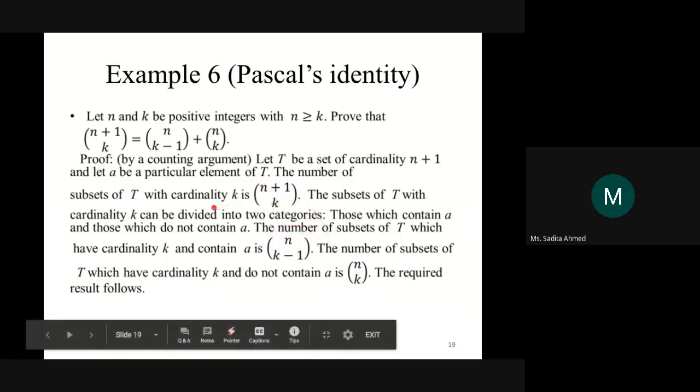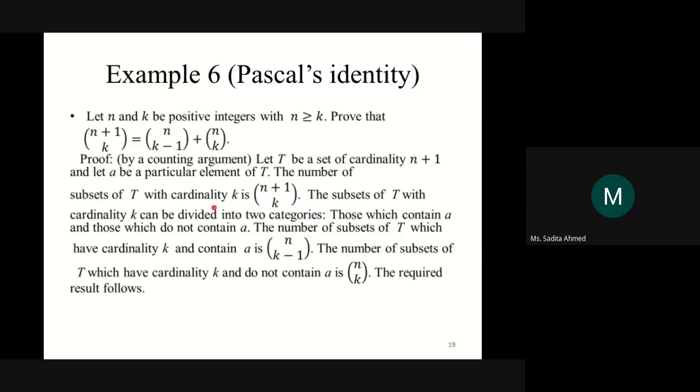Okay. So the reason we divided it up based on whether A is there or not is because this is one of the common approaches that we will take. You will see that when we do some of these identities, most often we will use the idea of a set and an element being in a set or not being in a set, and a subset.